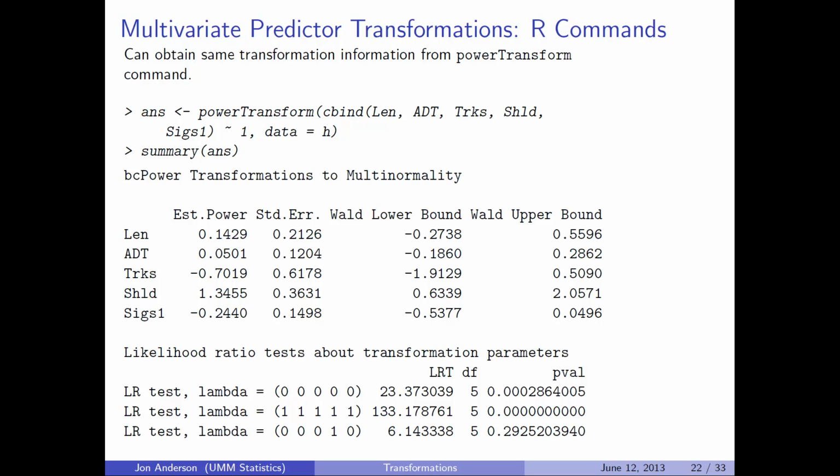The second test here, you can see the hypothesized lambda vector, lambda naught, is to do nothing to all the variables. Every variable should be transformed to the power 1, in other words, do nothing. And from this test statistic and this very small p-value, we see we have lots of evidence to rule out a null hypothesis like we should do nothing.